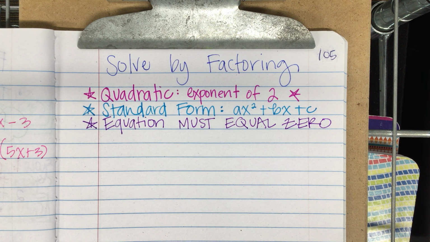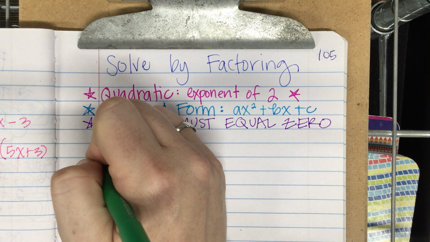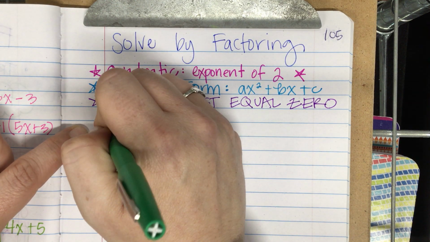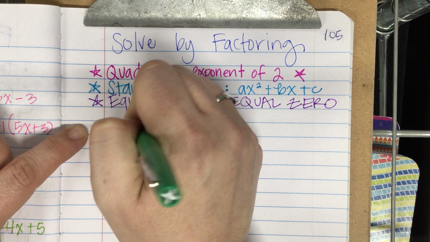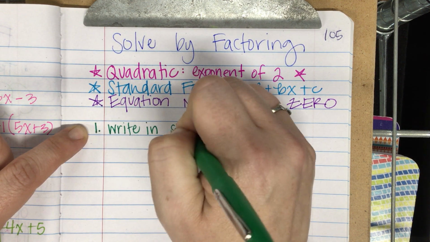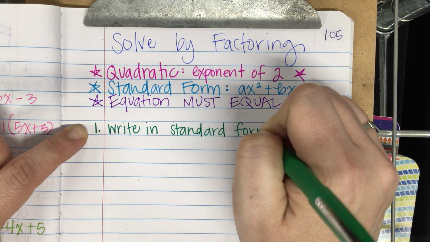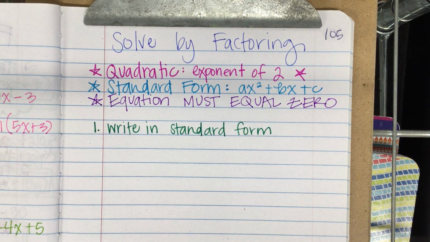All right, so to solve by factoring, what we're doing today, our steps are as follows. 1, write in standard form. It may already be in standard form, and then we skip it.